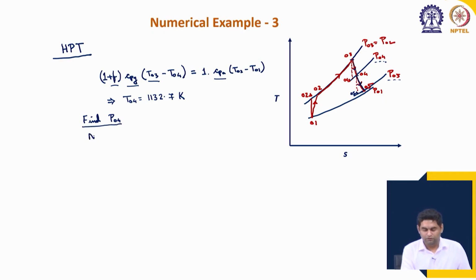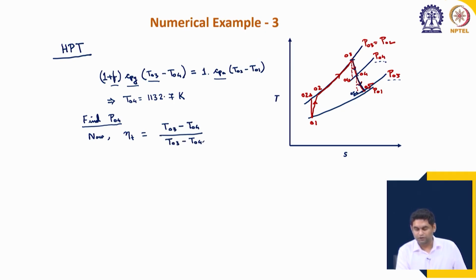So, we know that for the turbine the efficiency in this case is defined as T03 minus T04, the actual temperature difference or actual work output, divided by the ideal temperature difference or ideal work output, T03 minus T04S. Okay.